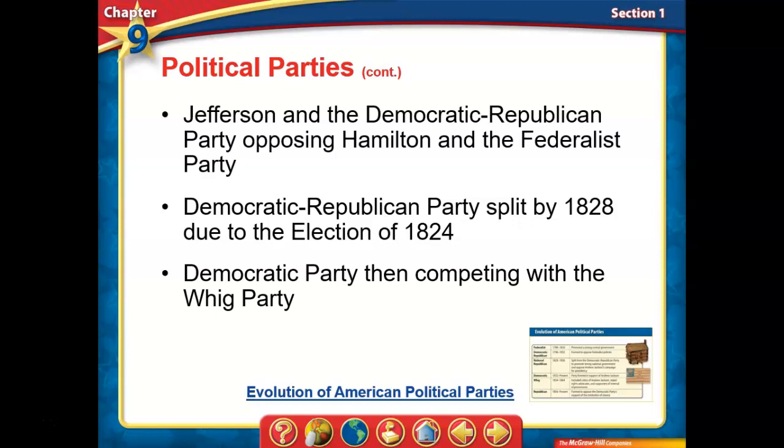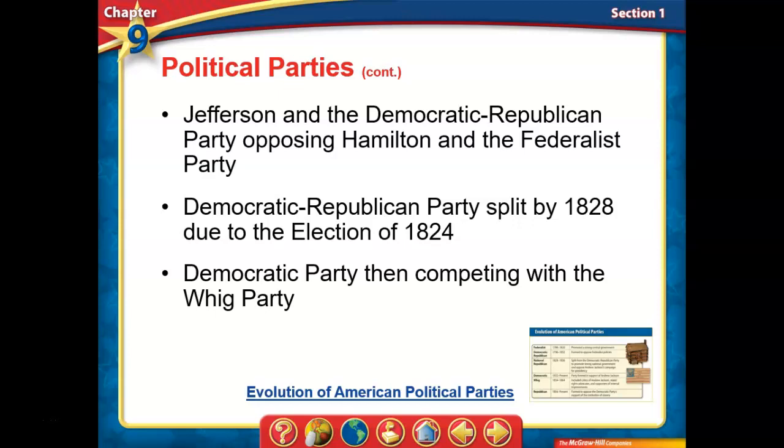So today we're going to pick up where we left off yesterday by talking about political parties and really by finishing how we got to the two-party system that we currently have. So yesterday we talked about Thomas Jefferson, we talked about Alexander Hamilton, and how we had the Democratic Republican Party and the Federalist Party.